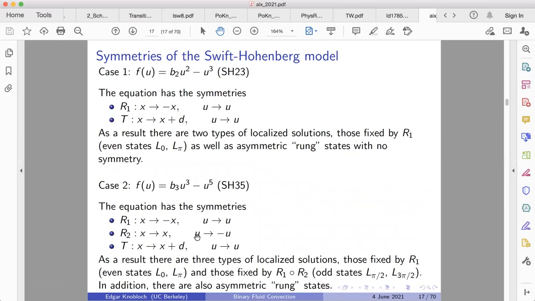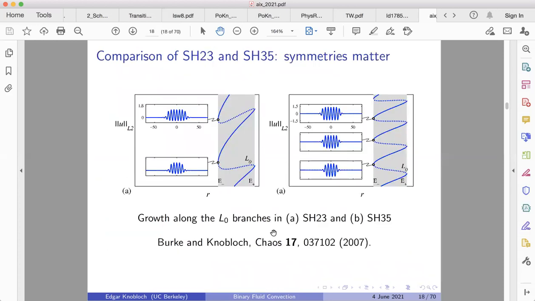R2 is going to be the symmetry where U is changed to -U. So the fact that you have this extra reflection symmetry means that these anti-symmetric states that we talked about, the L⁴/2 states, for example, are also stationary solutions of the problem. So that's an important observation. We'll see that in a moment.